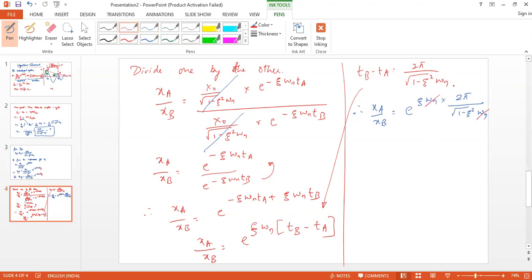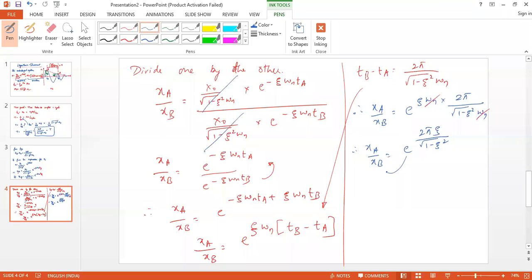Here omega n will get cancelled. So XA by XB is equal to e power 2 pi beta divided by root of 1 minus beta square.